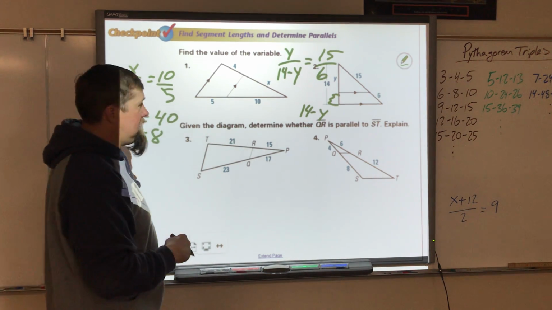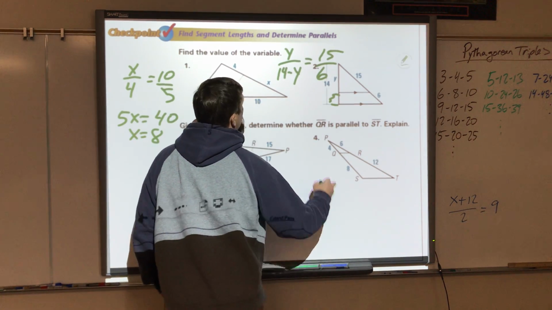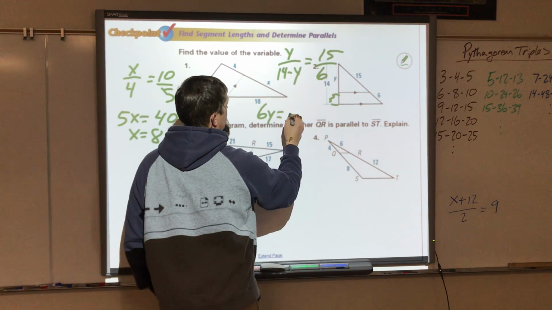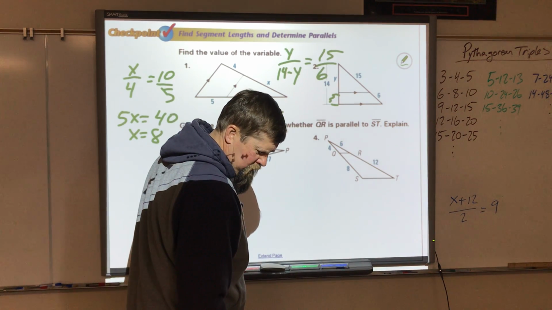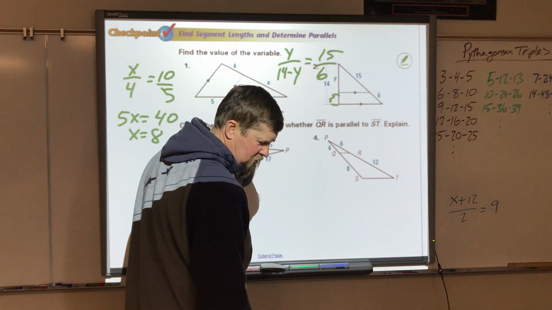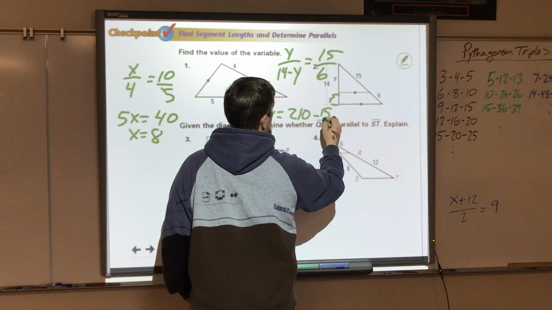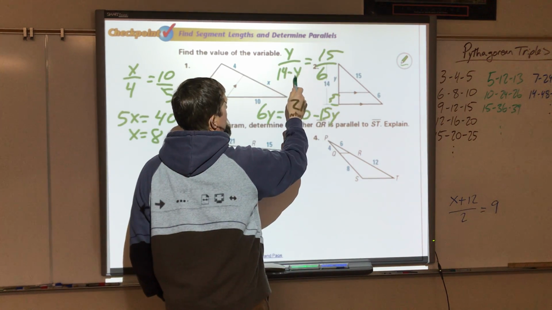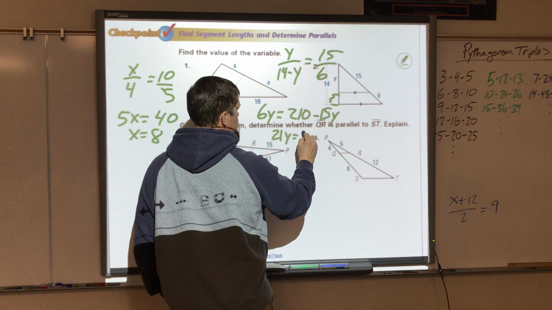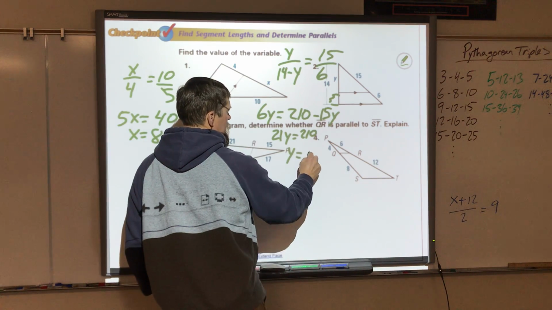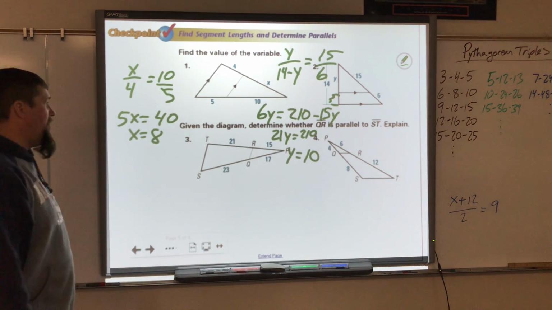So 6y is equal to 14 times 15, which is 210, minus 15y, because I took 15 times (14 minus y). Add this over, I get 21y equals 210. So y is equal to 10. Okay, so that's how that one worked.